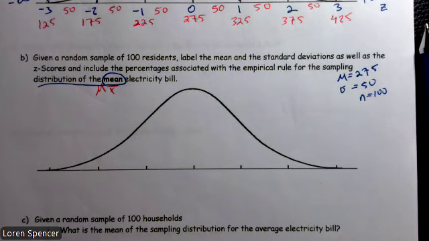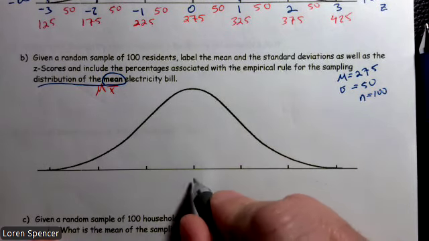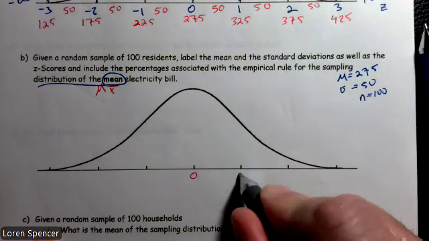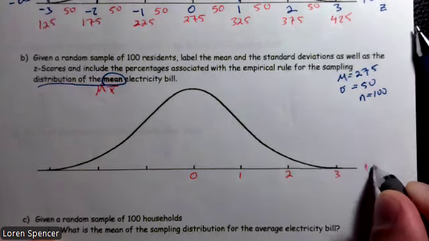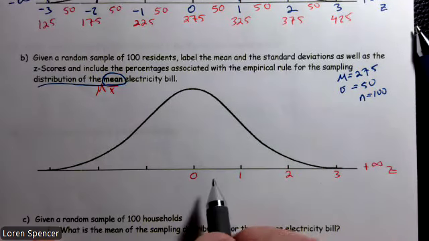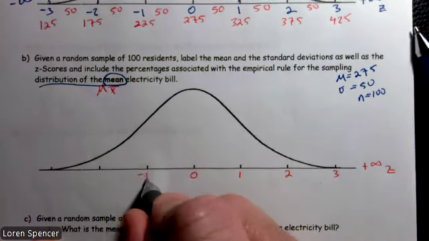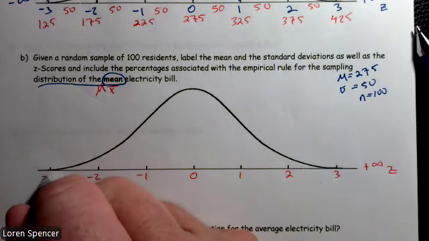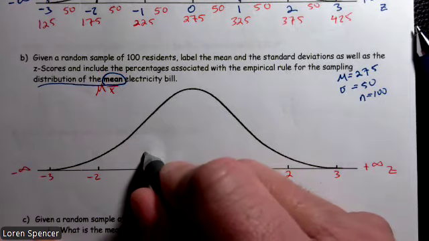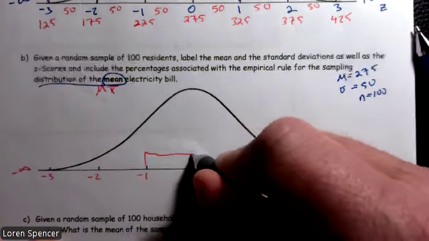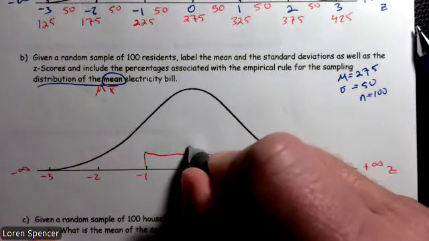So first off, we're going to go ahead and do the z-scores. Well, that part we've already done once, so doing it again should be real easy. 0, 1, 2, and 3, all the way to positive infinity. That's a z-score. This is -1, -2, -3, all the way to negative infinity. Once again, plus or minus 1, 68%.